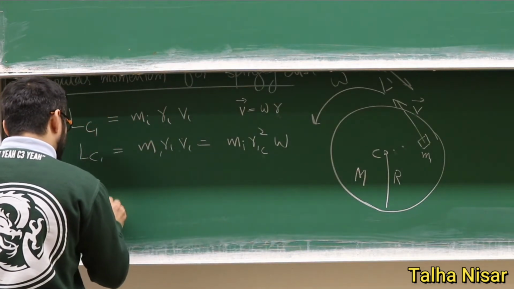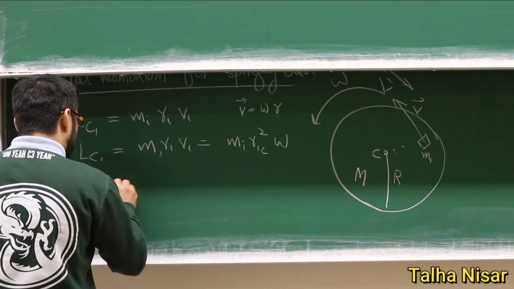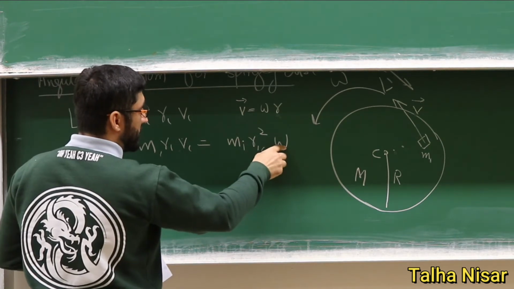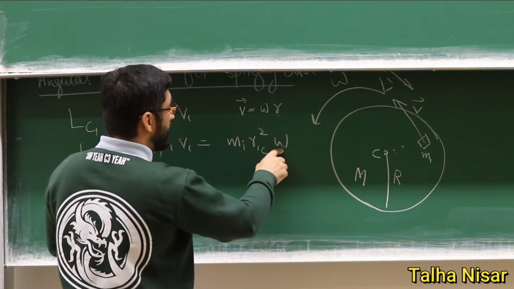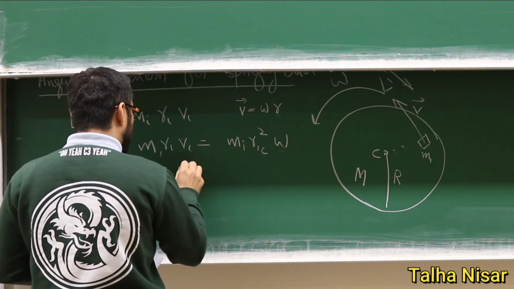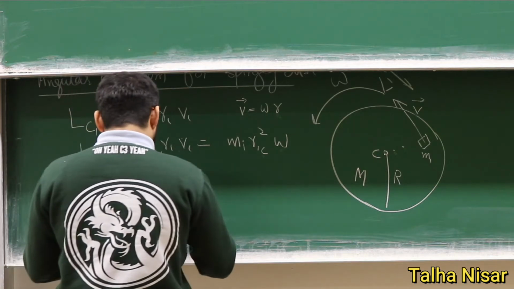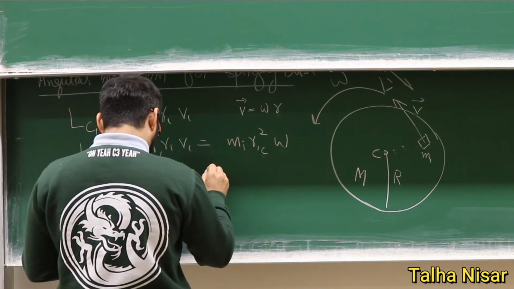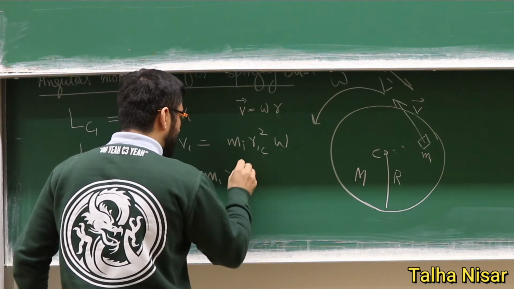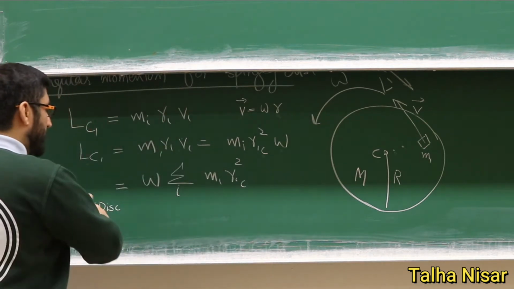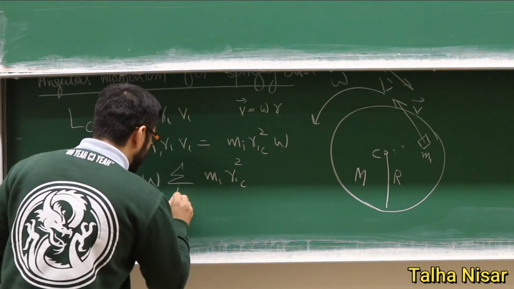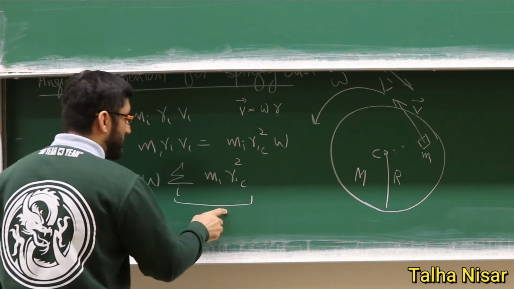For the complete disk, L_C equals, since omega is constant and the same for all, we don't have to add it, so it will be outside, the sum over i of m_i r_iC squared.